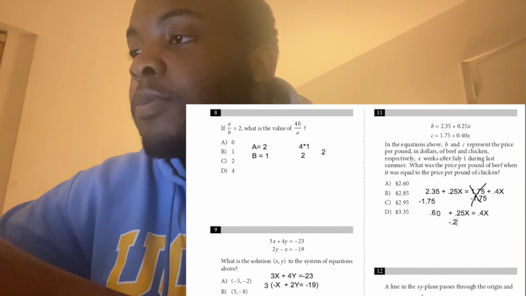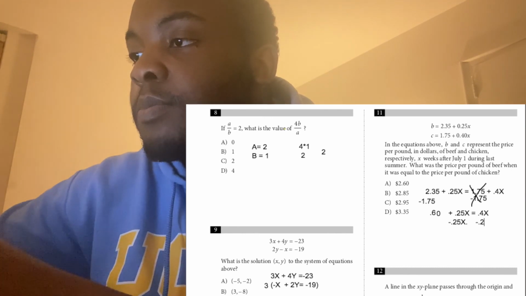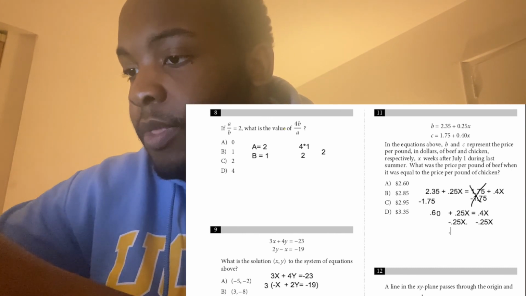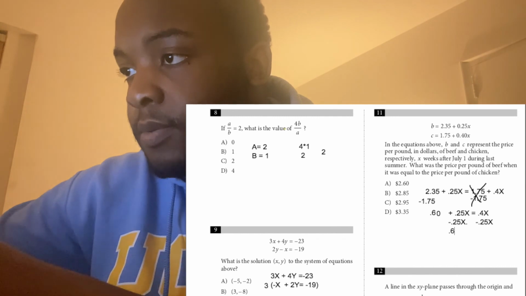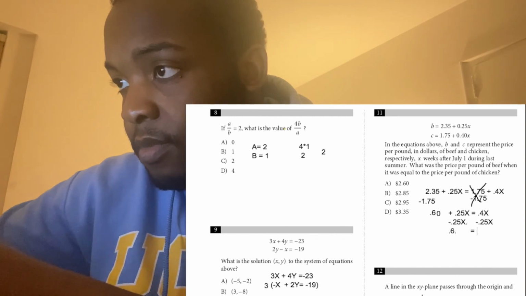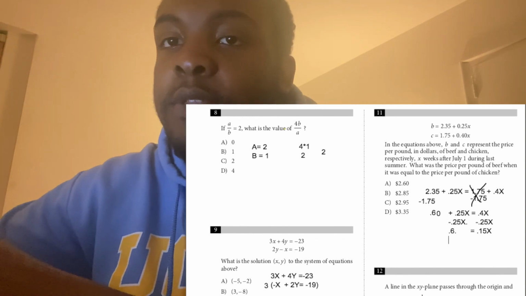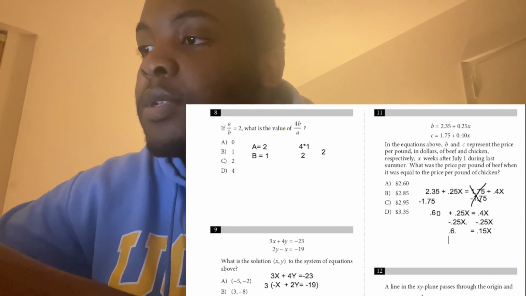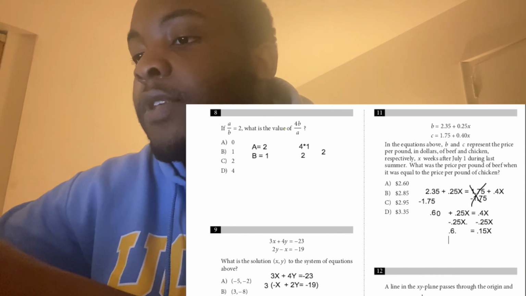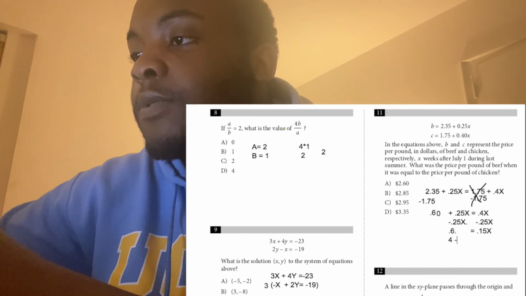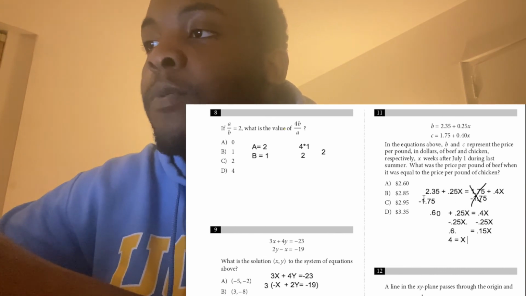Now you're going to minus 0.25x on both sides. Now you have 0.6 equals 0.15x. Divide both sides by 0.15. 60 divided by 15 is 4. So x equals 4. That's telling you after 4 weeks they're going to be the same price.